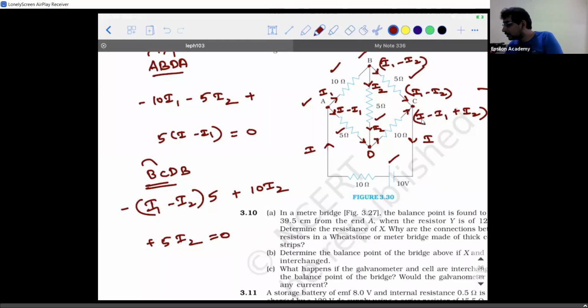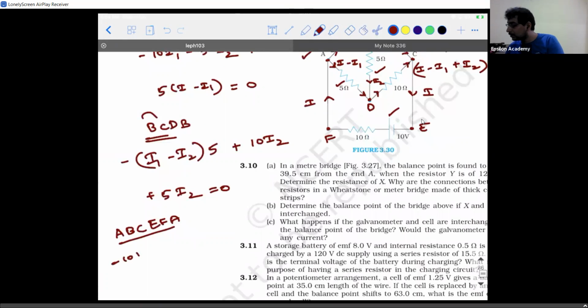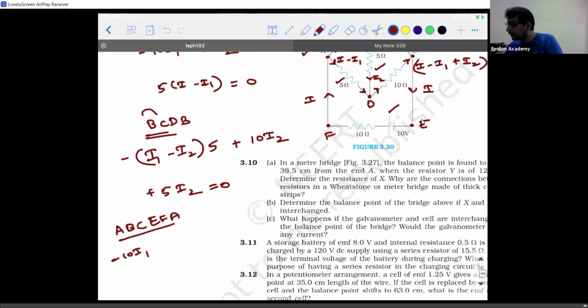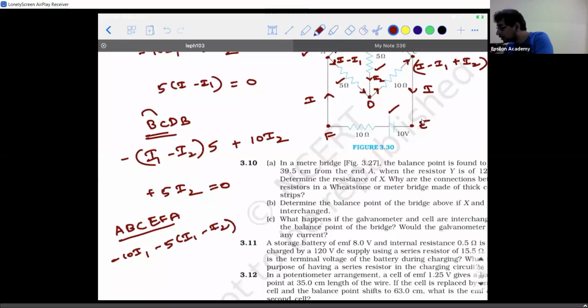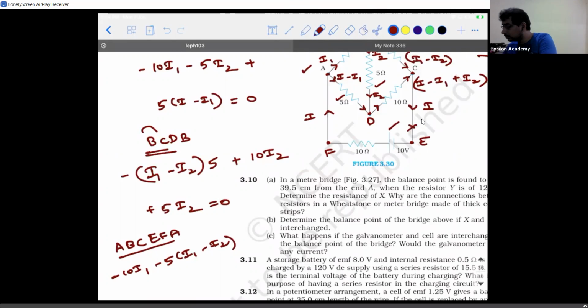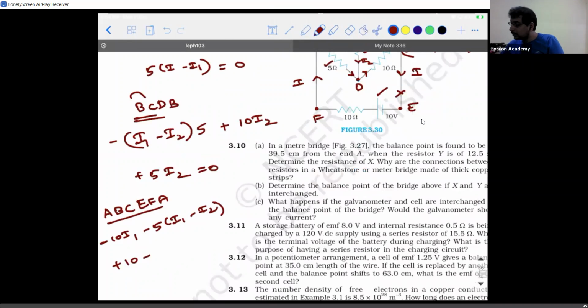Now I will take this as E and this as F. Now look at the way I am going to take. I will take A, B, C, E, F, A. So A to B minus 10I1, B to C minus 5 into I1 minus I2, C to E nothing because it's a wire, E to F is plus 10 minus 10I.